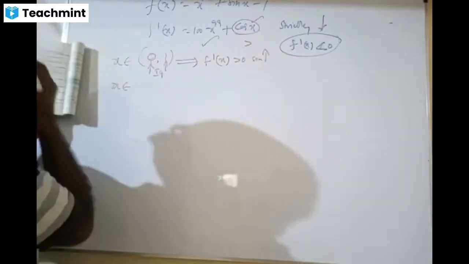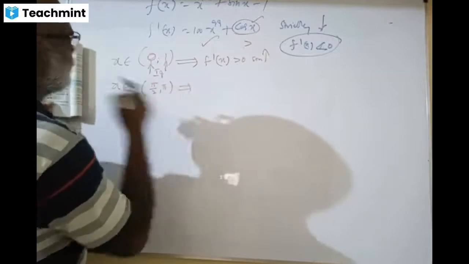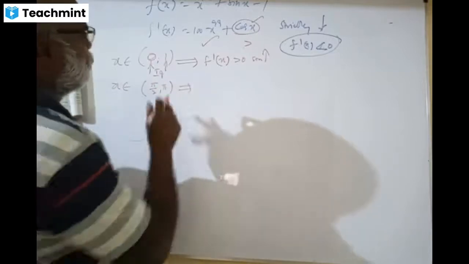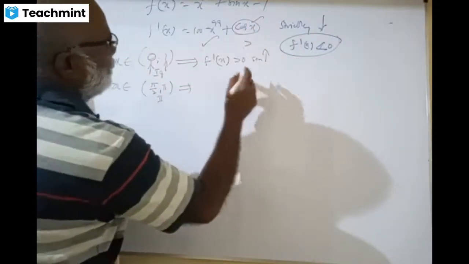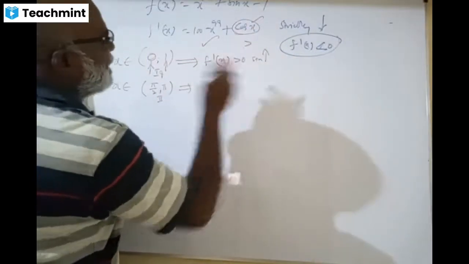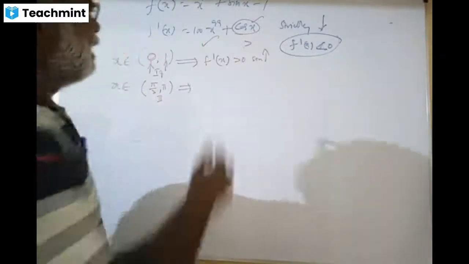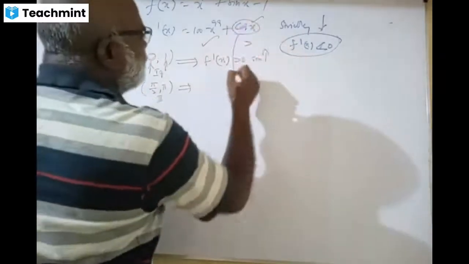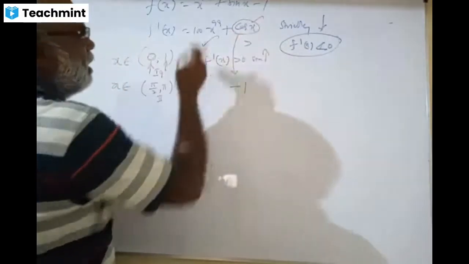X belongs to the second one, pi by 2 to pi. Pi by 2 to pi is the second quadrant. In the second quadrant cos is negative. Yes or no? Cos is negative, but whatever that negative value may be, the maximum negative is minus 1. Yes or no? Cos x has a negative value down to minus 1. Yes, sir.